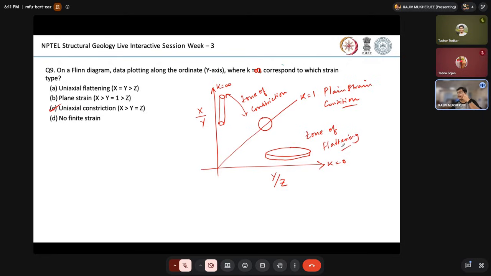So in any case, if the x is very, very greater than y, which is almost equal to the z, that means there is no change in x, y and z, but the x is getting very much elongated. So in this case, the ratio a or kappa will reach infinity, and that is the condition for uniaxial constriction.